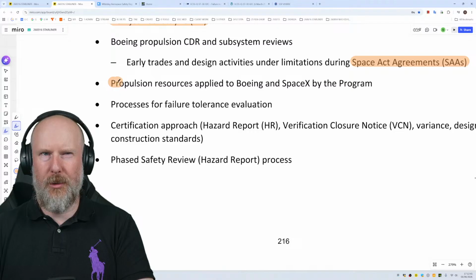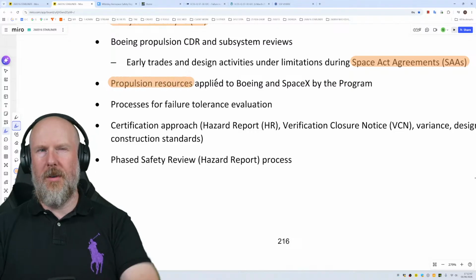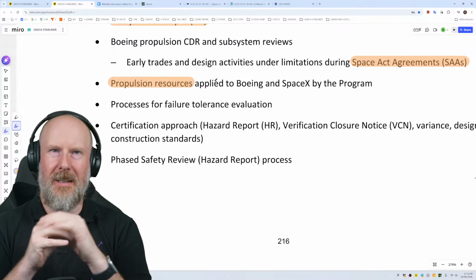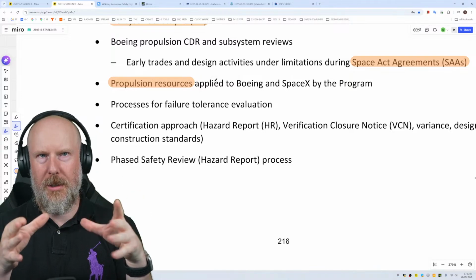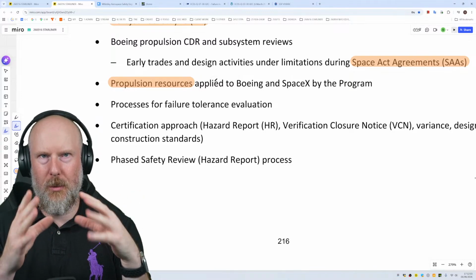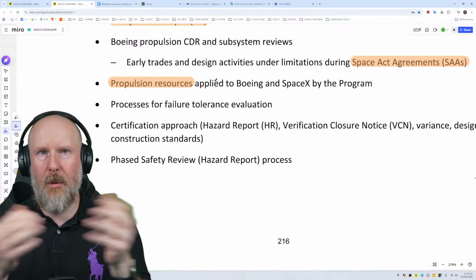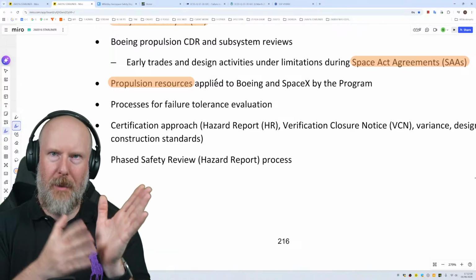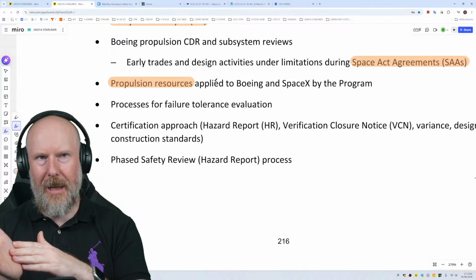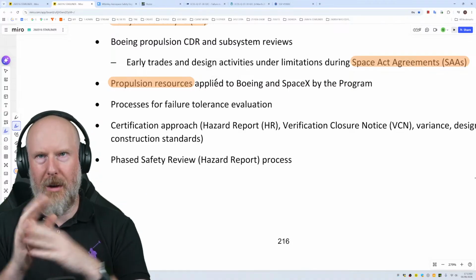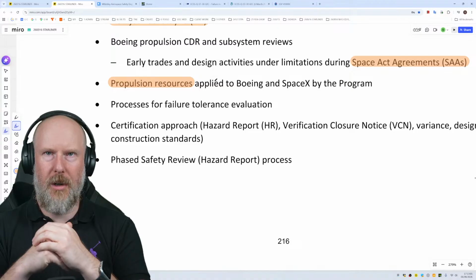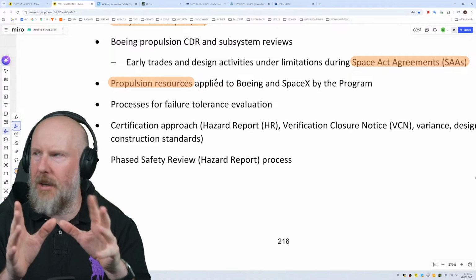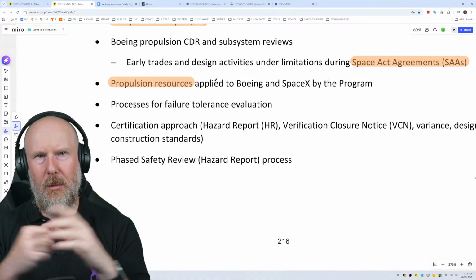So when we say propulsion resources, reading between the lines, I think that means the NASA personnel who were allocated to work on propulsion had their experience applied to both Boeing and SpaceX. And when it says by the program, I think that means the Commercial Crew Program. That's my impression. If I'm incorrect, please give me some abuse in the comments.